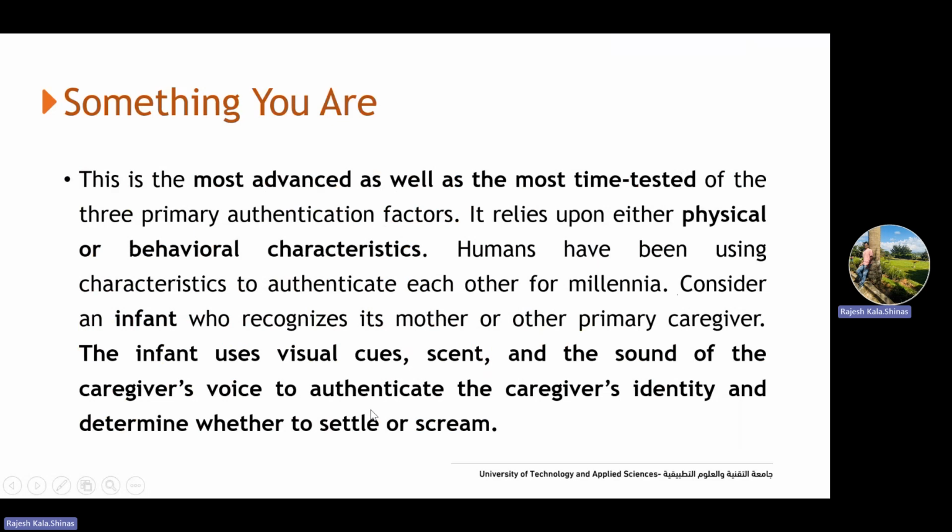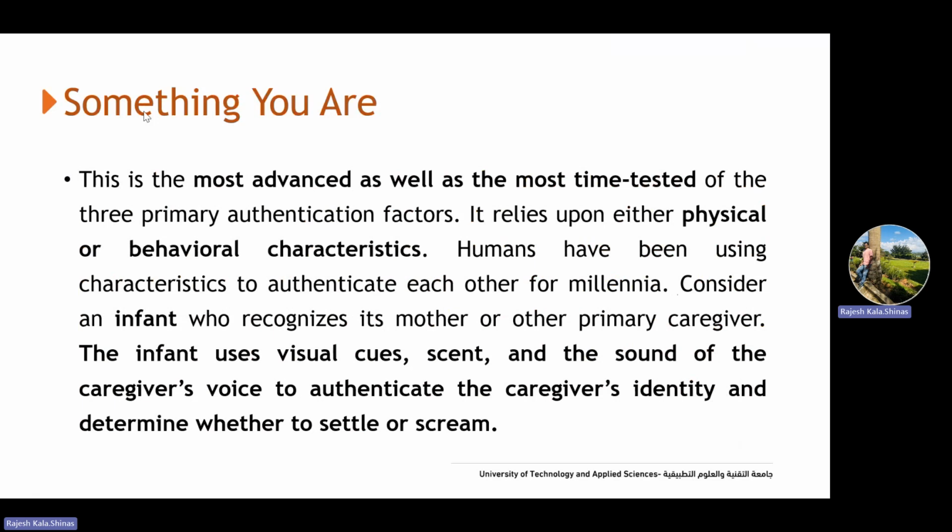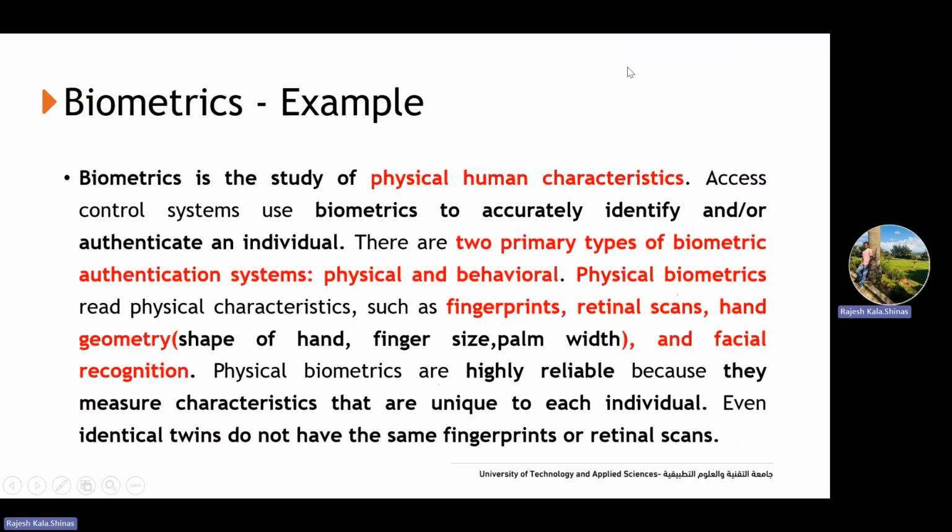And here, biometrics is one way of authenticating with something you are. Biometrics means the study of physical human characteristics. There are two types of biometric system: physical and behavioral. Physical means someone authenticates using fingerprint, which is unique for everyone.